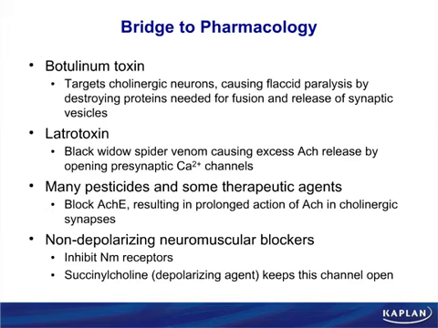Botulinum toxin is a toxin that targets cholinergic neurons. Mechanism for Botox is it's an enzyme that destroys docking proteins, or in other words, proteins needed for the fusion and release of synaptic vesicles. Because it attacks cholinergic neurons, that's the neuromuscular junction.